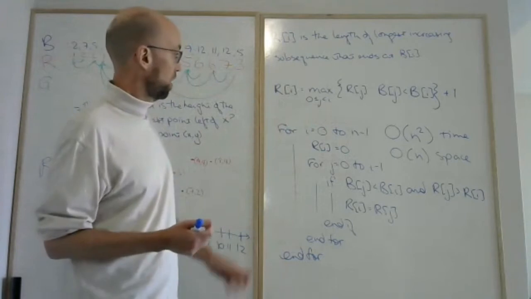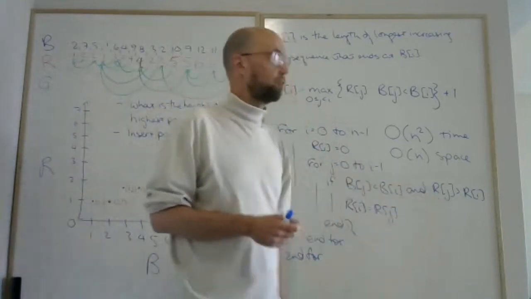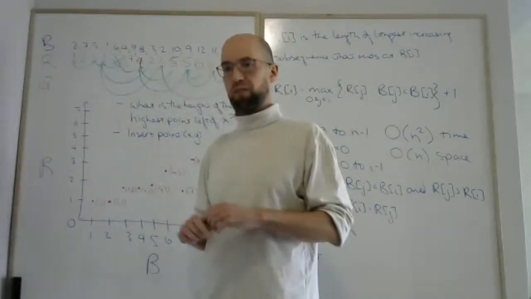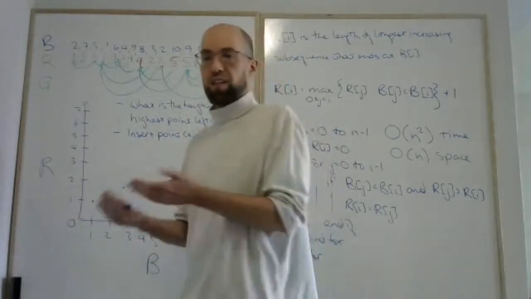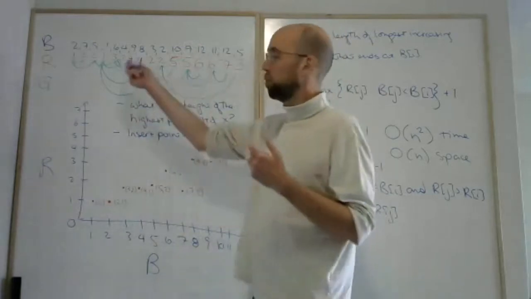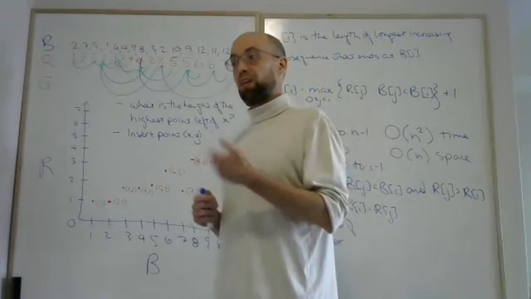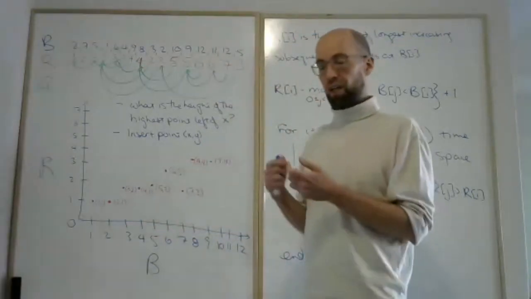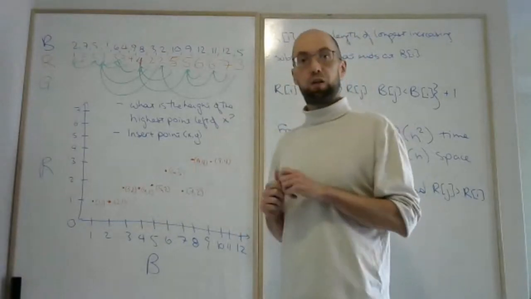Because for each of these points, instead of doing this whole loop through J finding the max, you would just ask the data structure, what's the height of the highest point left of this? And give it that, and you would just take that and add 1. And then if you wanted to store these pointers, you would ask what is the highest point, and then store satellite data, a pointer from your new point to the previous point. Okay?